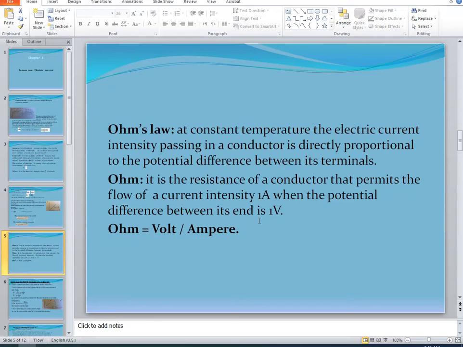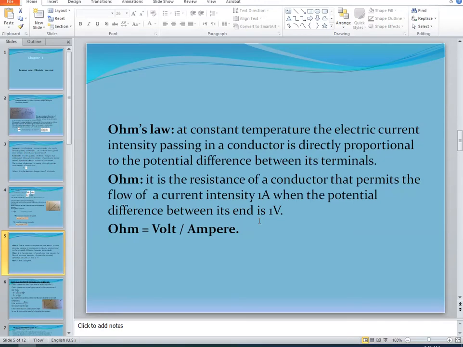And this opposes the concept of R in Ohm's law. What is the meaning of that? The concept of R in Ohm's law means that V over I equals a constant value. This means R equals a constant value.